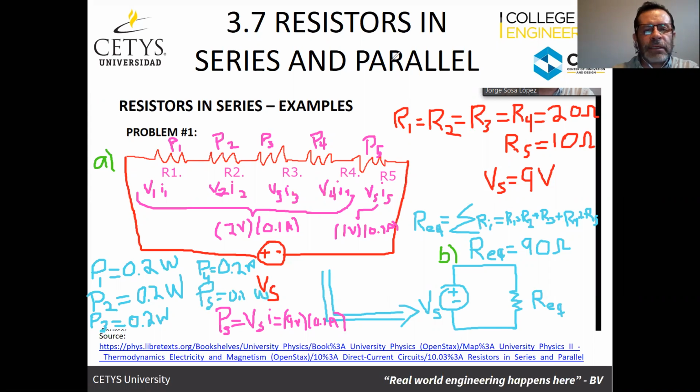Okay. And the total sum of these is going to be equal to the wattage that we have here in the power source. So 9 times 0.1 is going to be 0.9 watts. And so if we add these, we're going to get the total wattage in the power source. Okay, and this is basically what we've got here in E.